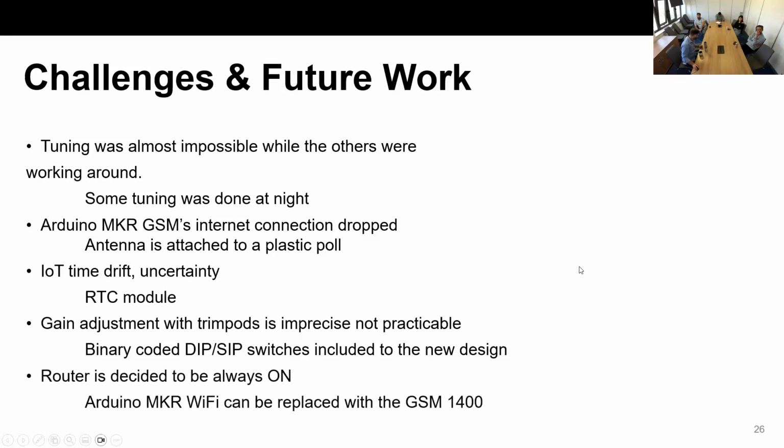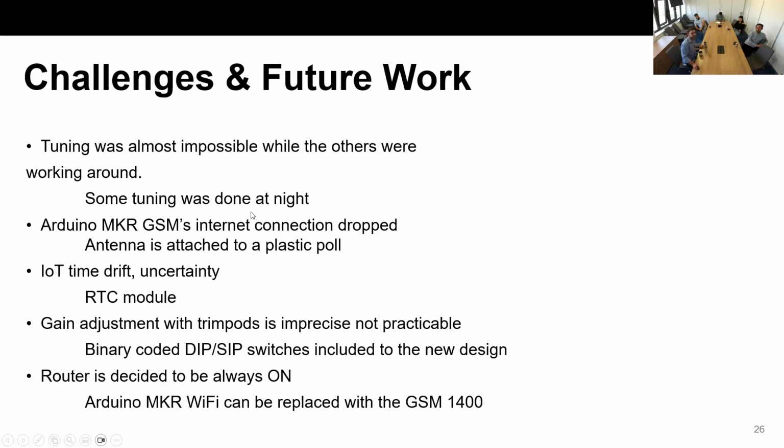And the router, as I said, connections kept dropping down. We just realized that we have enough power to leave the router always on, because we have 600 watts of solar panels and 400 amp-hours of batteries, and it's funny enough to leave the router always on.